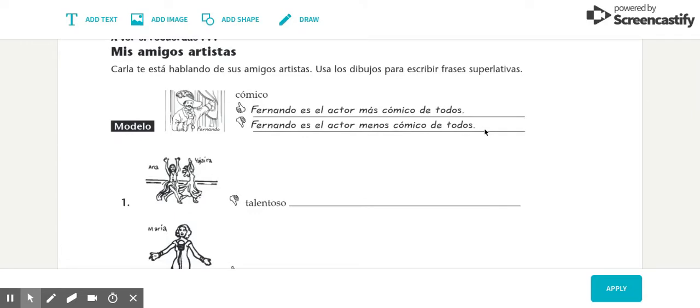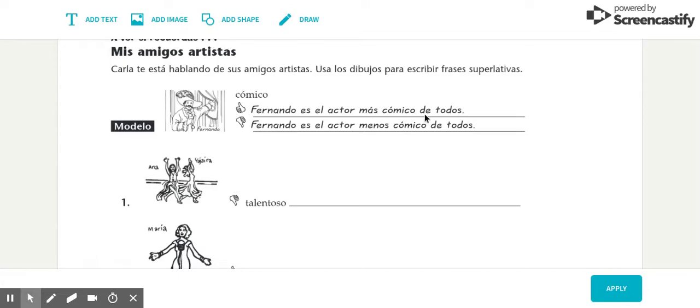All right. So, for example, you have cómico, okay, funny. And so let's say thumbs up means that he's the funniest, right? So he's the funniest actor. Fernando es el actor más cómico de todos. He's the funniest actor of all.